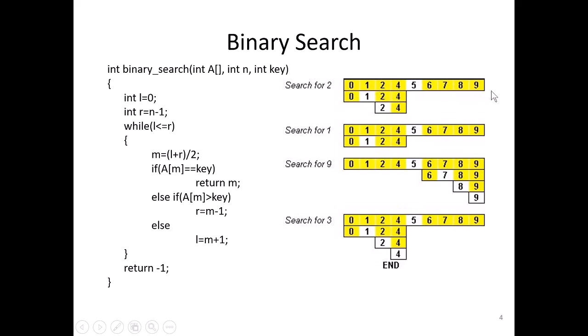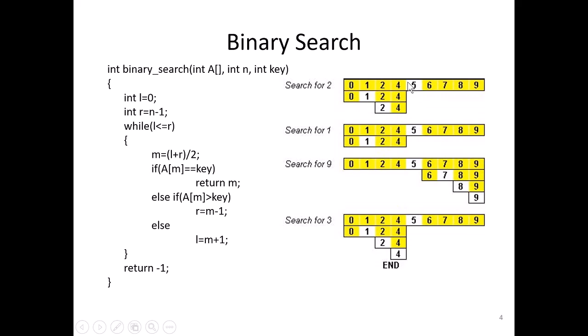We have 9 elements now, indexed from 0 to 8. Starting index is 0, ending index is 8. Find the mid value using the formula L plus R divided by 2. L is 0 and R is 8, so 0 plus 8 divided by 2 is 4.